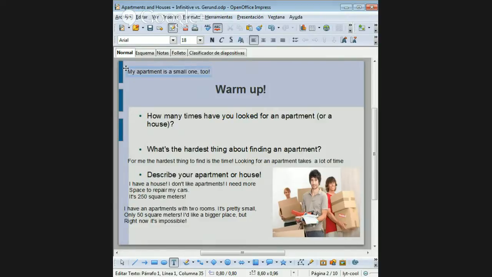We need some silence because we are students, so we need silence for doing work and reading books. But it's a very small room too. I'd like a bigger room, but I cannot control it.